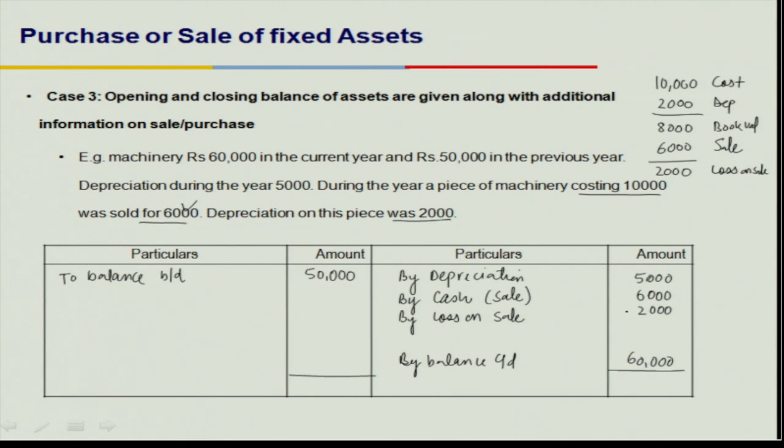And the depreciation on this piece is already included in this total depreciation, which was charged during the year. Now, after accounting for all this information, we need to balance the accounts. 73,000 on the credit side. Now, this inflates the figure of machinery purchased.